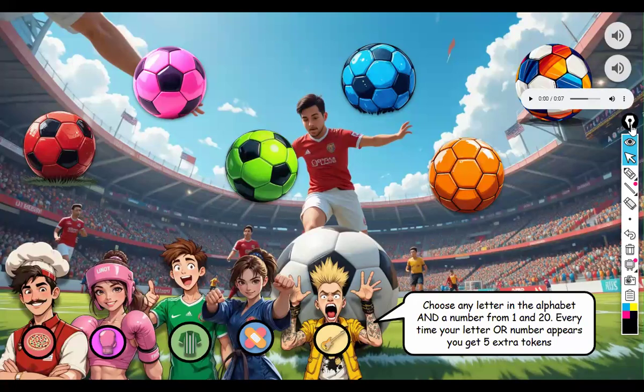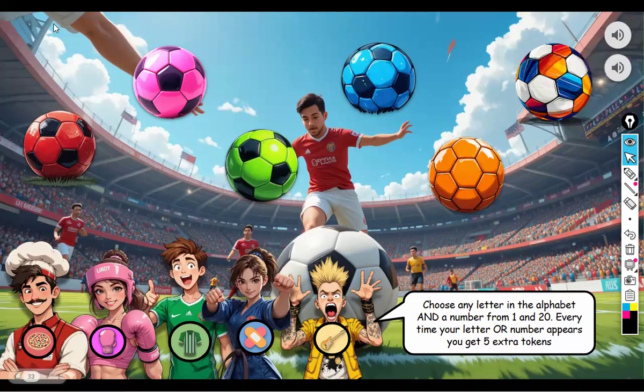Every time your letter is called, you get 5 extra tokens. And if your number is called also, you also get 5 extra tokens. You don't have to get the two at the same time. If you get a letter and a number, well, that's better. That's 10 tokens.